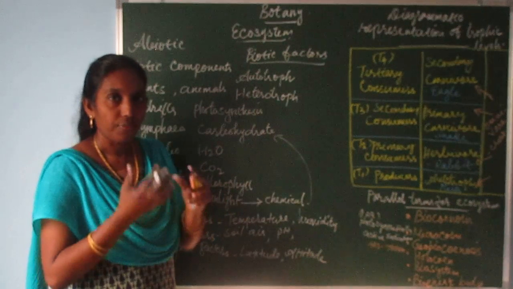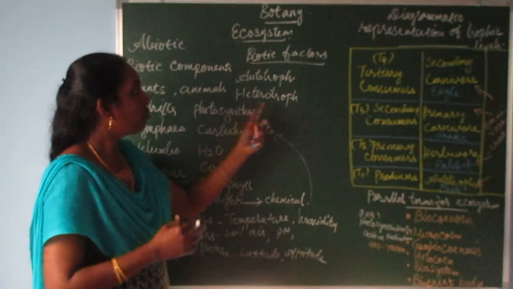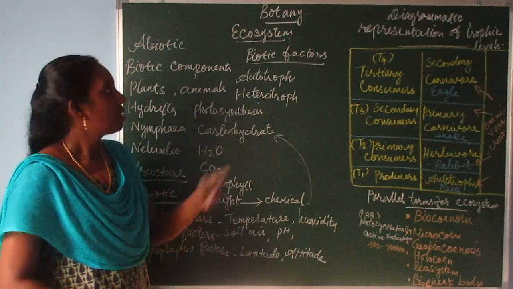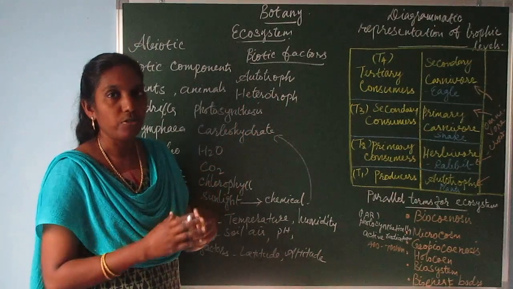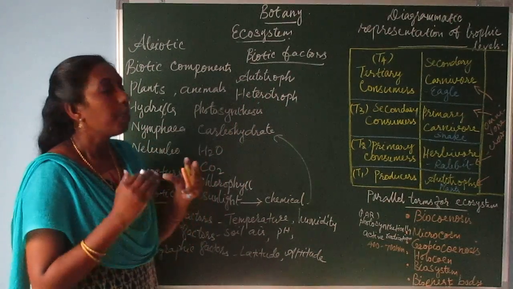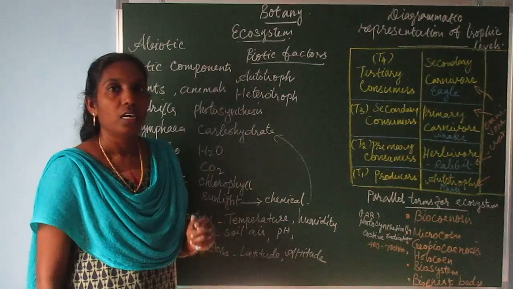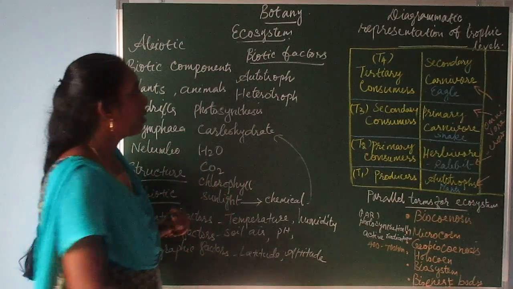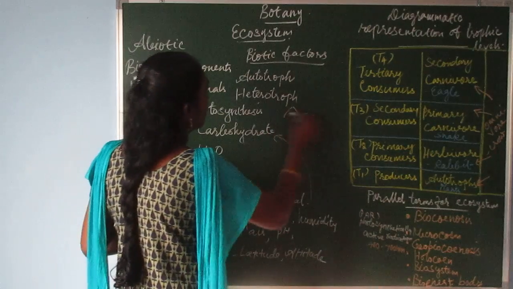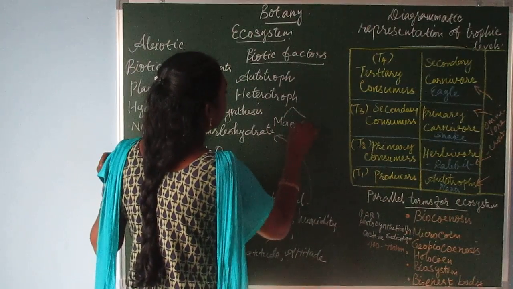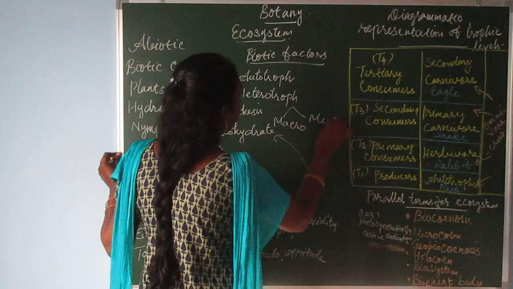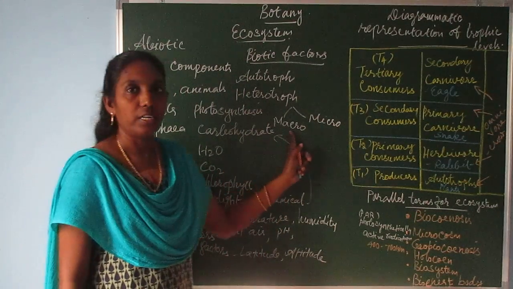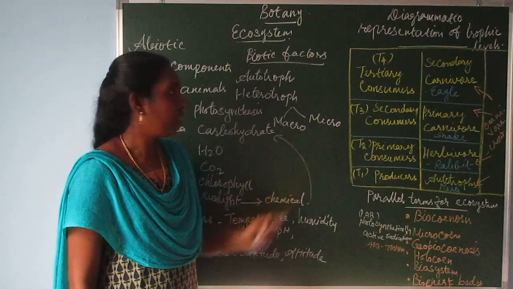These autotrophic organisms are consumed by heterotrophs. The autotrophic organisms are the producers or green plants. But heterotrophs include macroheterotrophs and microheterotrophs. What are the differences between macroheterotroph and microheterotroph?